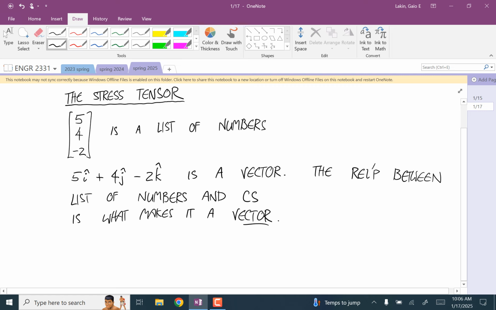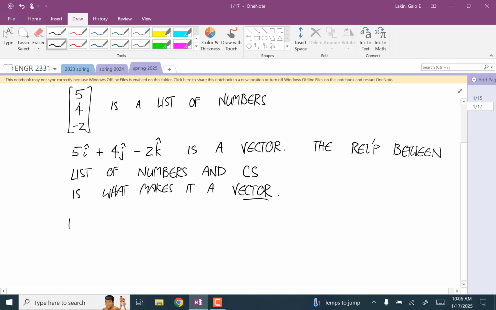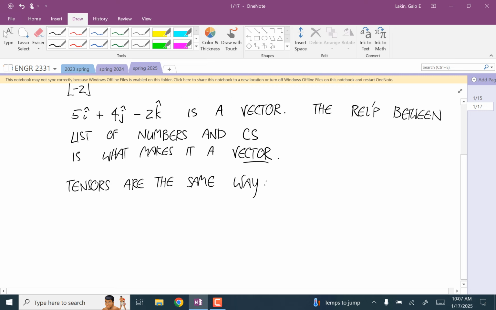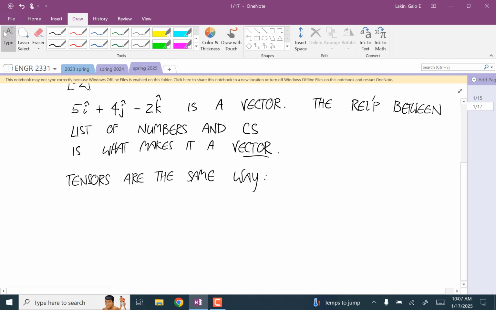Okay, so tensors are the same way. So 2, -4, 6, 0 is a matrix.